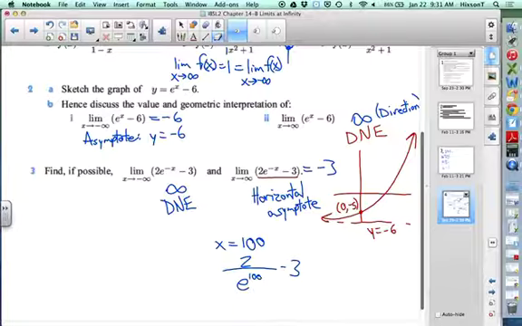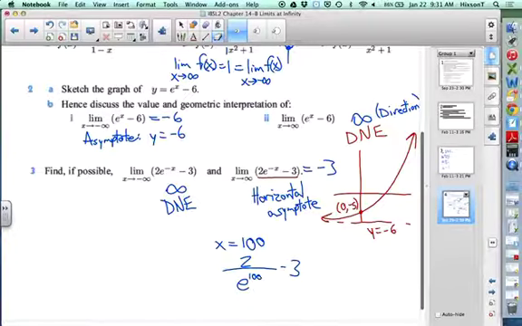And by the way, this is where that limit of a sum theorem we were talking about yesterday can be helpful. Whatever you get, you're just going to subtract 3 from it, because the limit as x approaches infinity of 3, that's the limit of a constant, is 3. Okay?